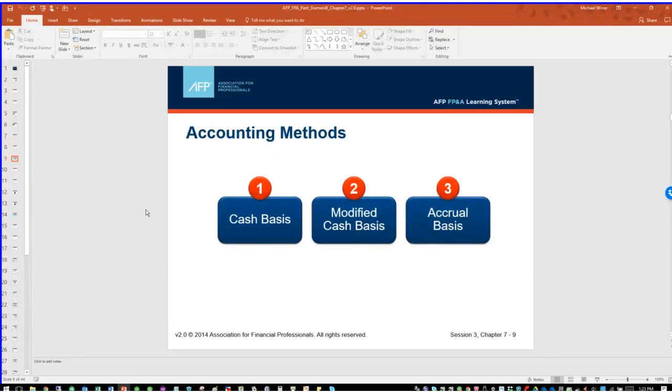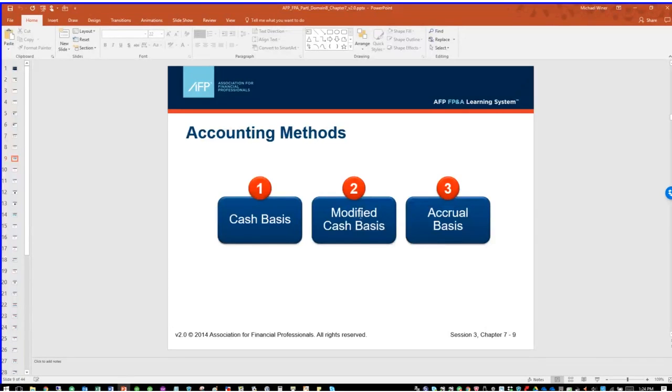Okay, this is important. Most larger firms use accrual basis. That's the normal sort of accounting. Smaller firms, my clients in my practice, very often use cash basis. And there's a modified cash basis that certain companies, especially professional service companies, tend to use.